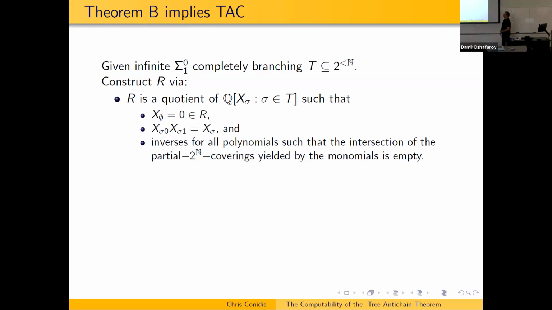And so the monomials do not share a common factor. That's what I'm trying to say here. So for the polynomials whose monomials do not share a common factor, we want to create inverses for all of those.